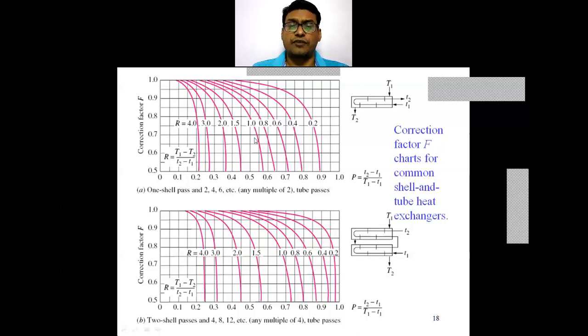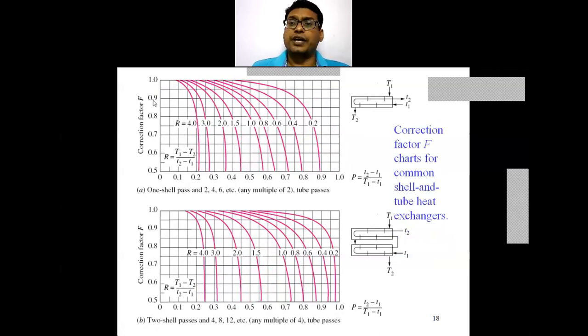Then for 2 shell passes, here it was 1 shell pass, here it is 2 shell passes. The difference is that the shell side also has a number of passes, and the tube side also has a number of passes, so depending on how many passes there are for the shell side and the tube side, I have to select a proper graph.